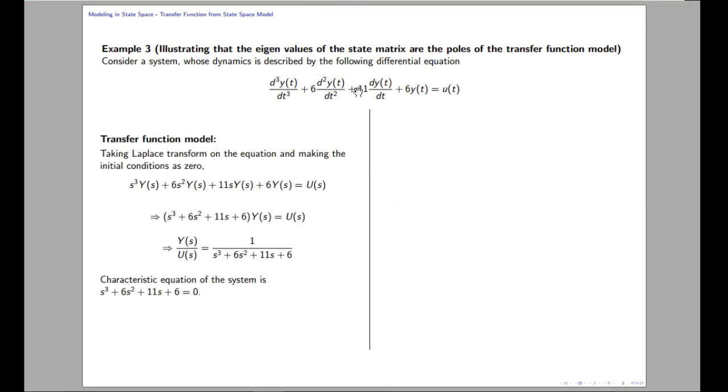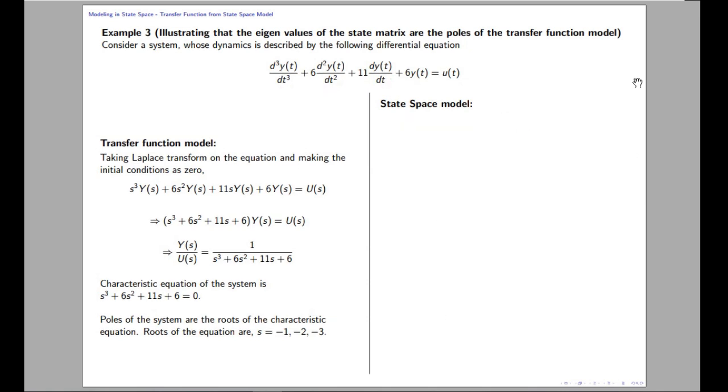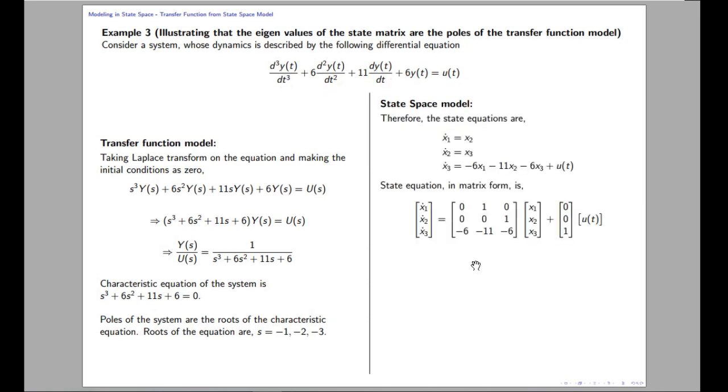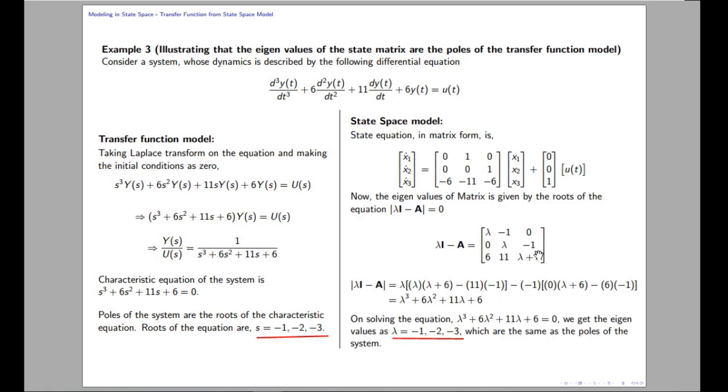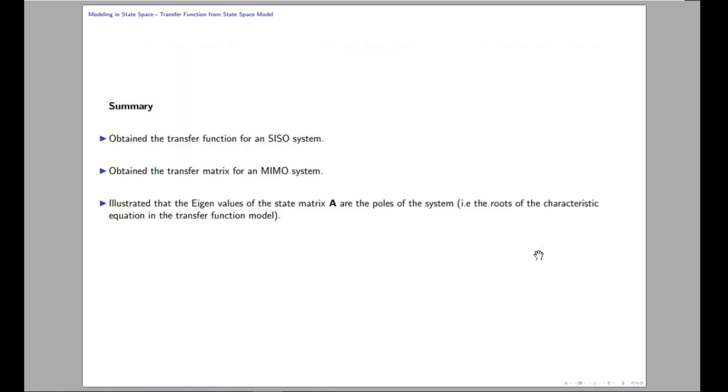In example 3, we took a third order system, and of course that resulted in a third order state matrix, or the system had three state variables. Okay, so that is an important observation we should make. And also we illustrated that the eigenvalues of the state matrix are nothing but the poles of the system.